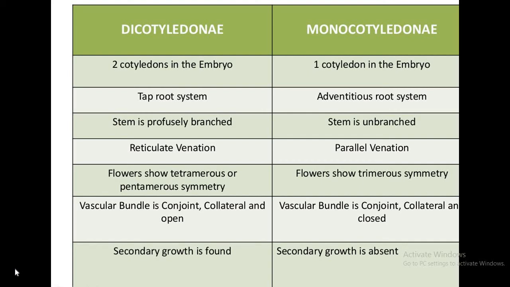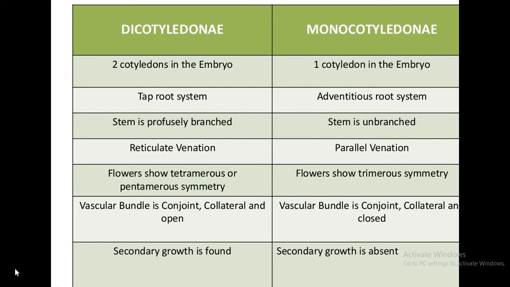Secondary growth is found and secondary growth is absent. Now what is secondary growth? If you remember, I told you the plant first grows in height. What is that process called? Primary growth. So once the plant attains a particular height, then the plant grows in diameter. The stem grows in diameter. This is called secondary growth. So secondary growth is present only in dicots. Try to remember the apple tree, the mango tree, the guava tree, peepal, banyan, neem.